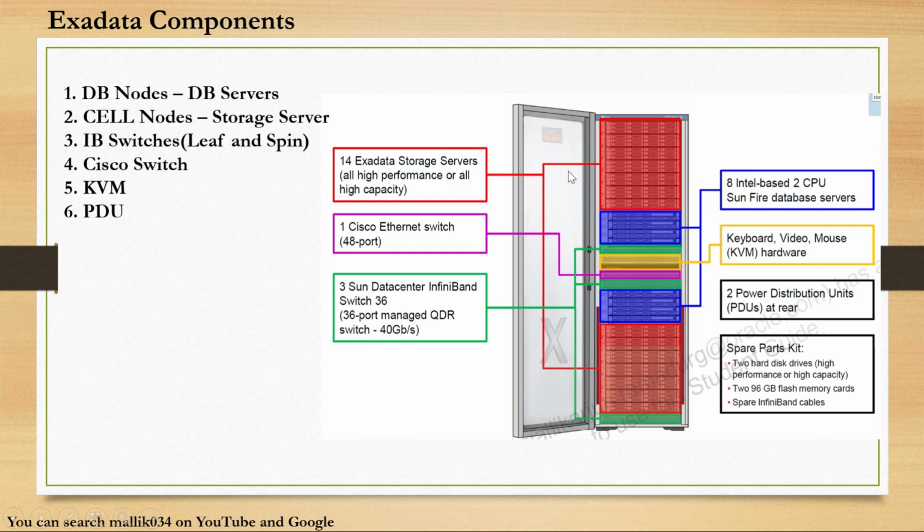This Exadata box comes as a box in setup, and inside this box I can see DB nodes, I can say DB servers or compute servers, and cell nodes, storage servers or cell nodes, IB switches, again leaf switch and spine switch. There's a Cisco switch inside my Exadata box, and there's a KVM, keyboard, video and mouse, and there's a PDU, power distribution unit. So these are the typical components that come along with my Exadata box.